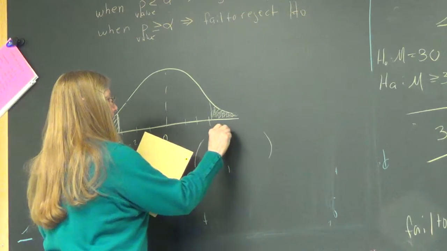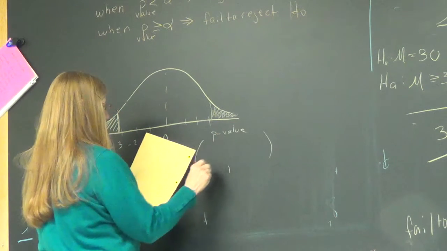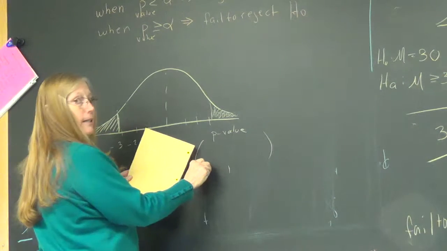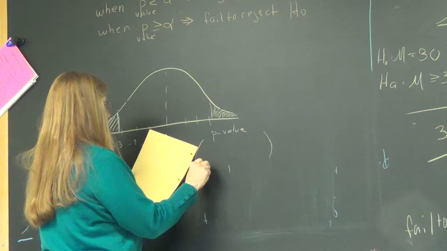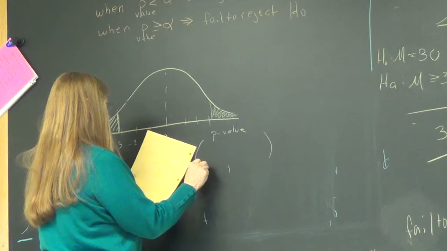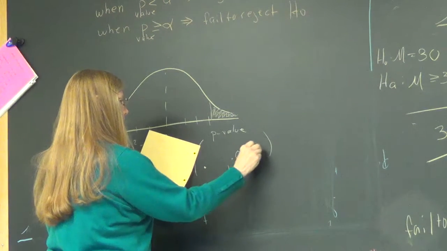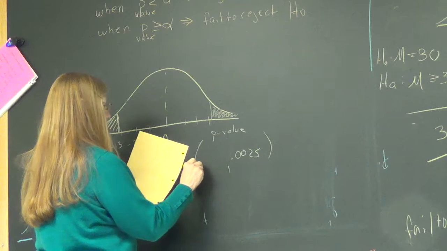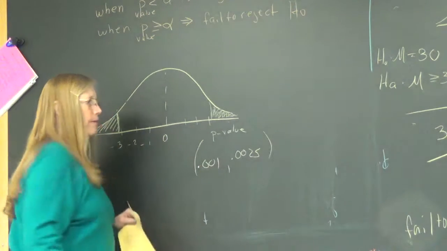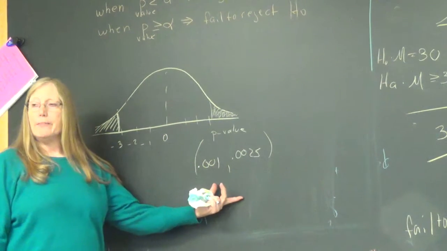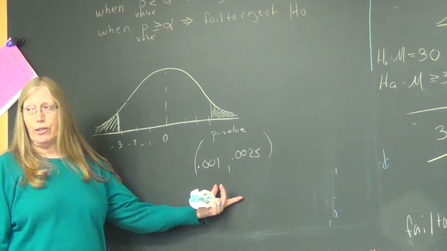Here's our p-value. Go ahead. It falls between 0.0025 and 0.001. All right. So remember, we're going to have to multiply both of those by 2.